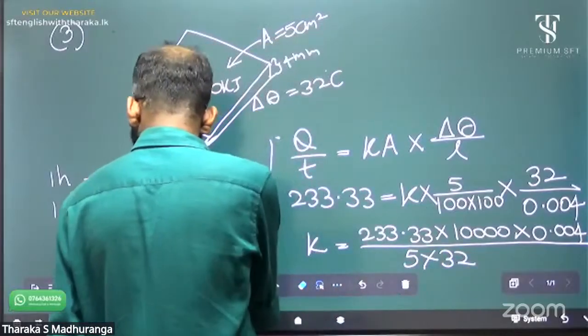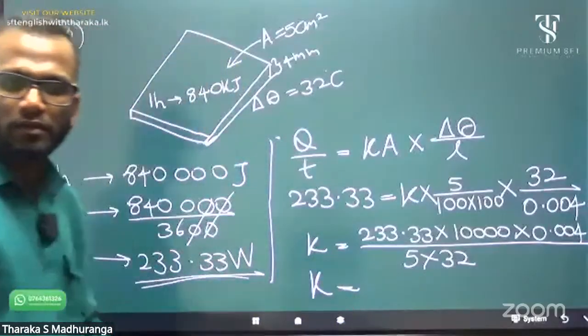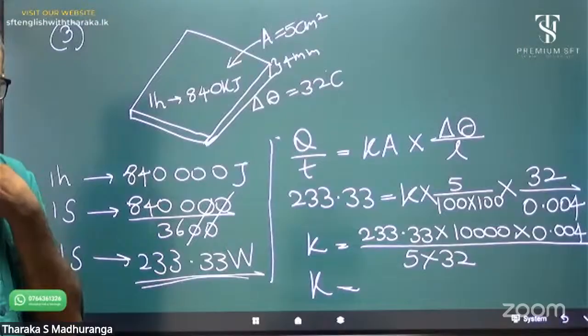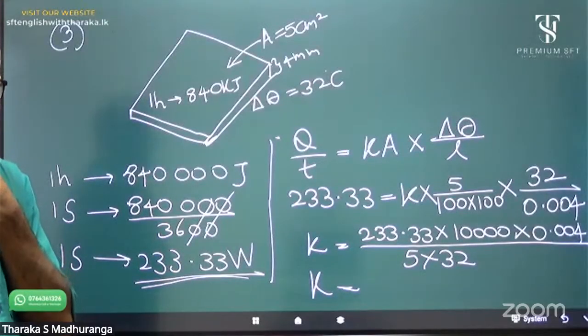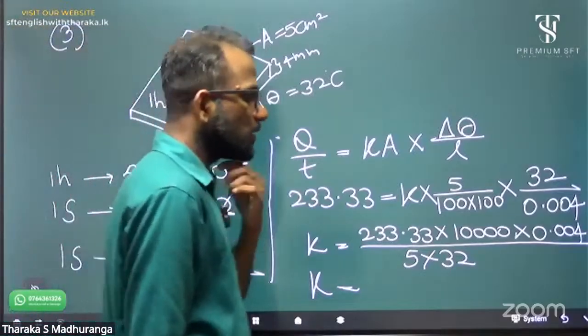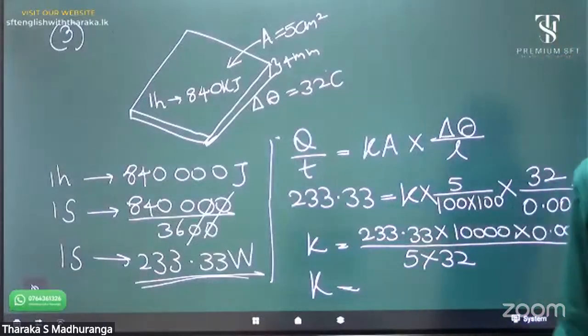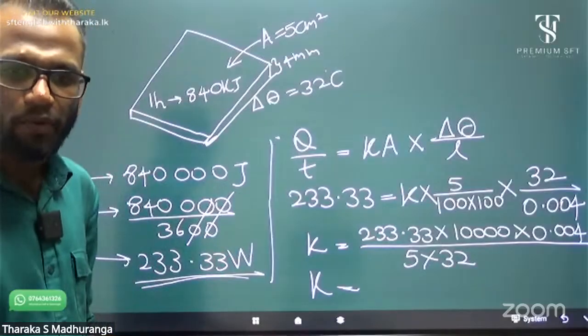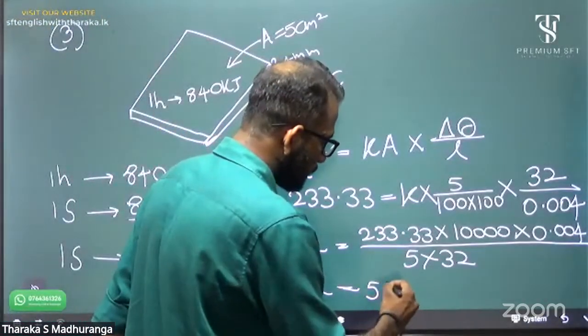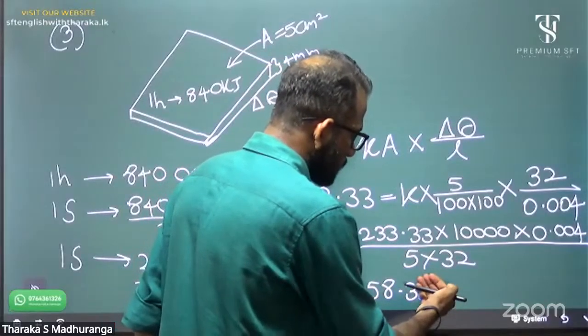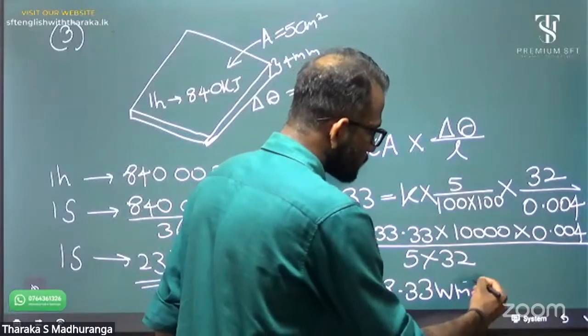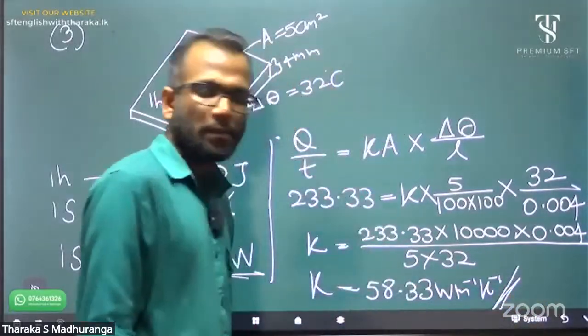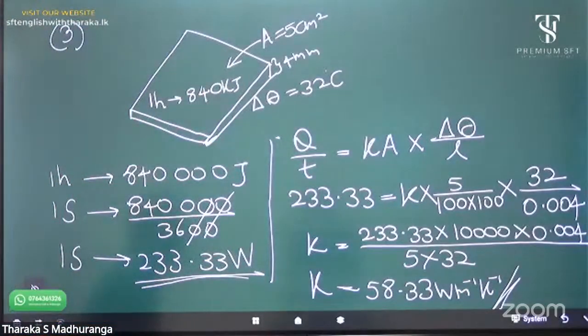Now you can get the answer. 5 into 32 is 160. The answer is 58.3333 W m minus 1 K minus 1, which is the unit of thermal conductivity.